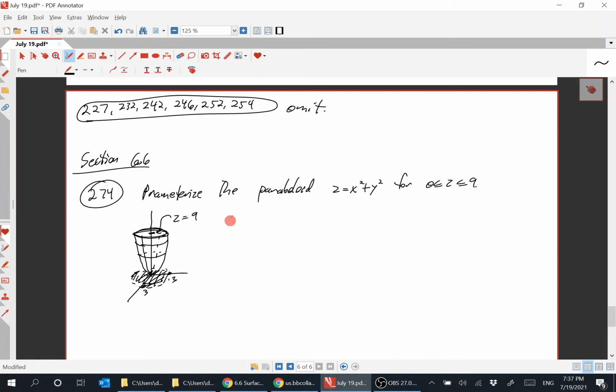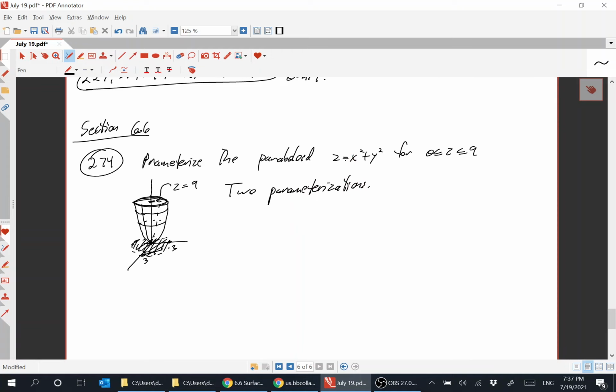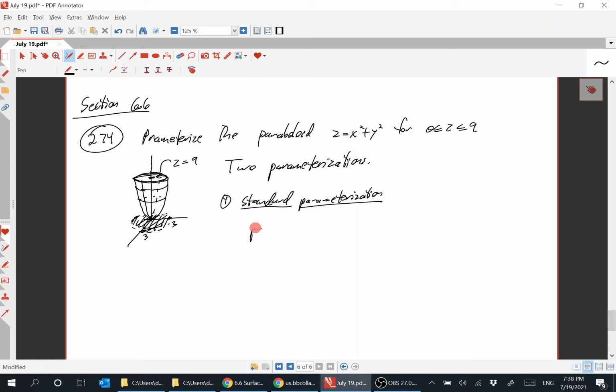So the easiest one to work with usually is the standard parameterization. The standard parameterization, which is r of x, y, where x is x, y is y, and z is f of x, y.